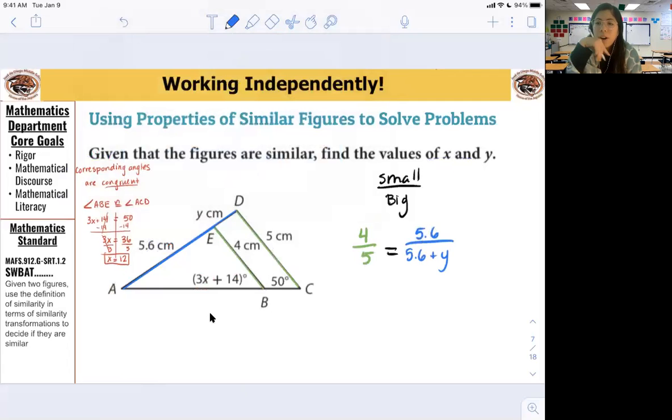Okay. Pausing here. Did anybody have this set up the way I did? Did anyone have the proportion correct? Okay, nobody did.